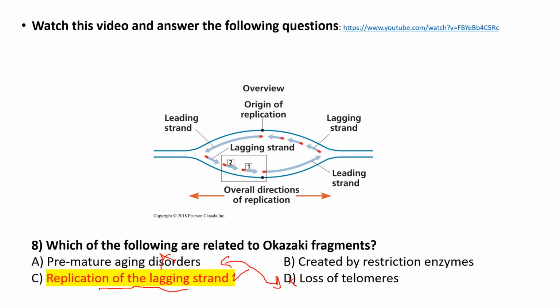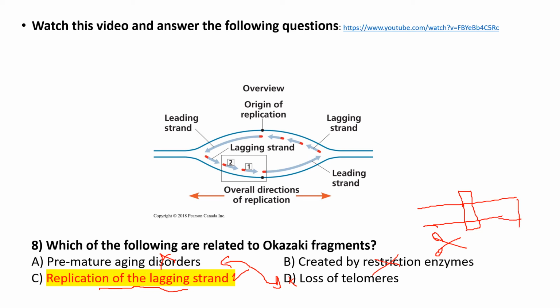And the Okazaki fragments are created by restriction enzymes. This is not right. Restriction enzymes are tools that are used in molecular biology that are like scissors. Let's draw scissors, and they are able to cut the DNA in a very specific way.